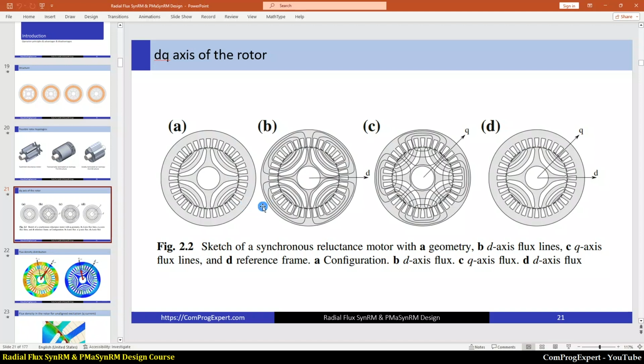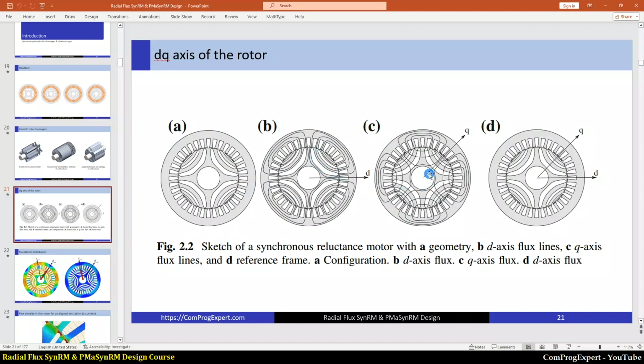Here is the rotor lamination and stator lamination, and here is the situation when we only have D current. So flux lines are in parallel with the edges of the flux barrier layers.